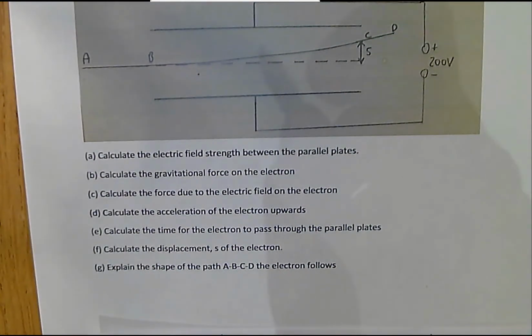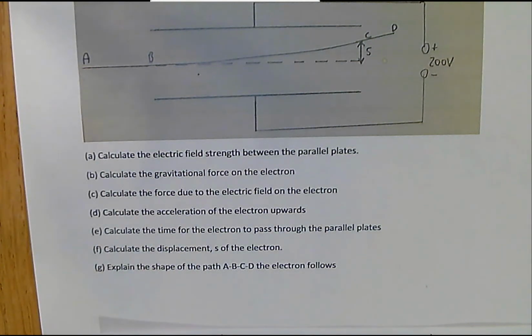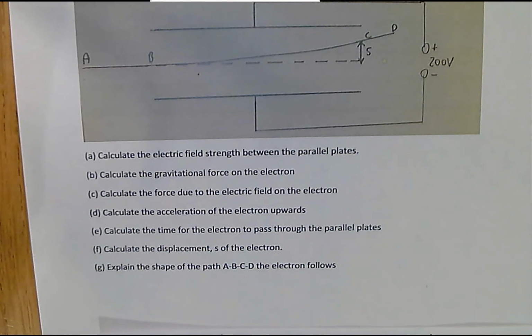Okay, and that's here. So between A and B, there are no forces acting on the electron because the gravitational force is almost negligible. Between B and C, there is the force due to the electric field, but we can be more precise about that because we've got a constant electric field.